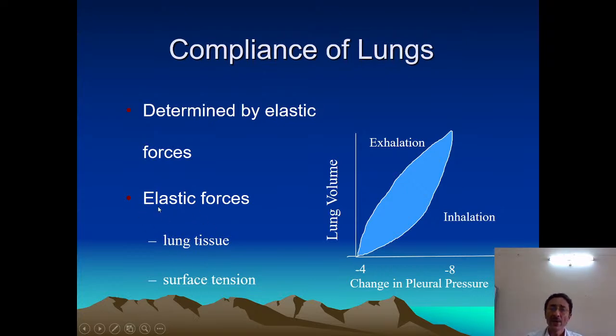Now this is the diagram where you will find that as there is a change in the pleural pressure, inspiration takes place. This is the curve. With change in the pleural pressure, the volume is increasing. Then as the pressure is falling, becoming less negative, exhalation takes place. If you see this graph, as it falls from -4 to -8, a huge change in pressure is required for the lung volume to increase.